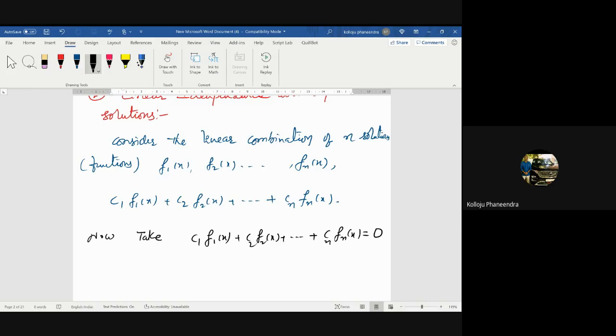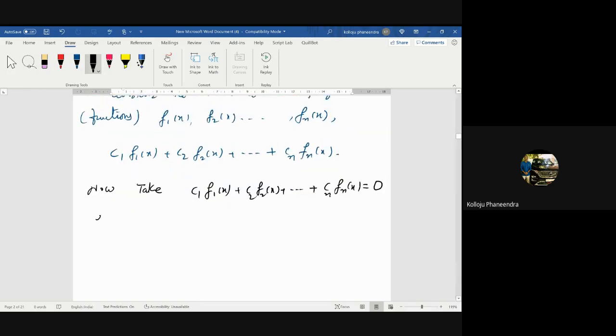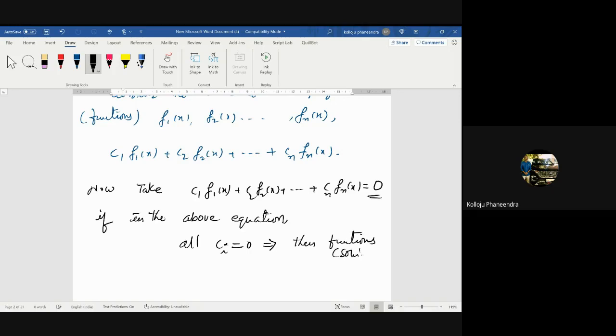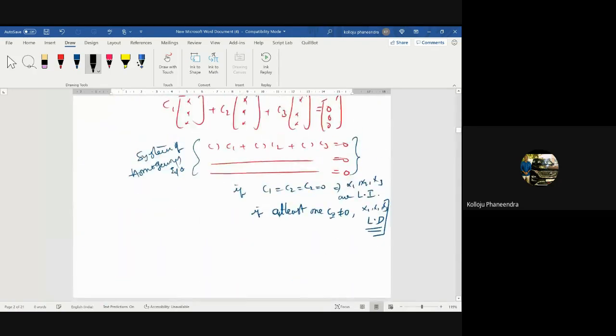Then, if in the above equation all Ci equal to 0, then the functions or solutions are linearly independent.